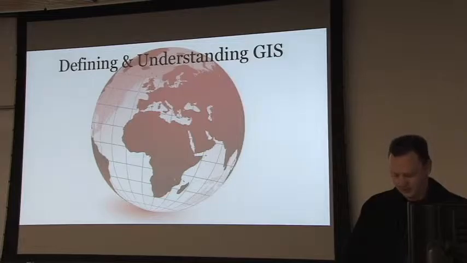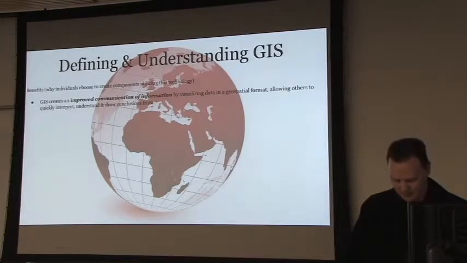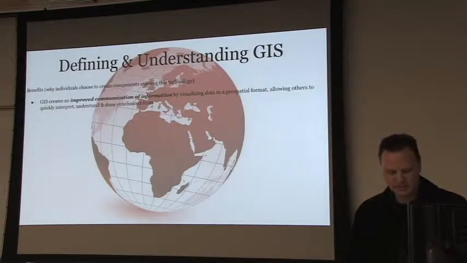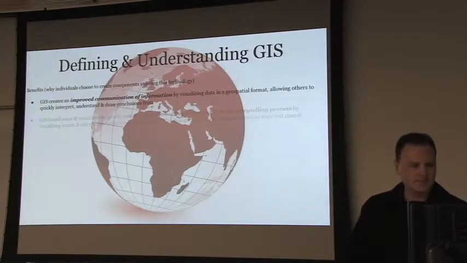Through an educational and research focus, GIS plays an important role in the research and projects of students, faculty, and researchers in several ways. First, GIS creates an improved communication of information. Statistical charts, spreadsheets, and raw data comprehensible only by individuals in select fields can now be visualized and presented in a geospatial format that others in other fields are able to easily interpret and draw conclusions from.